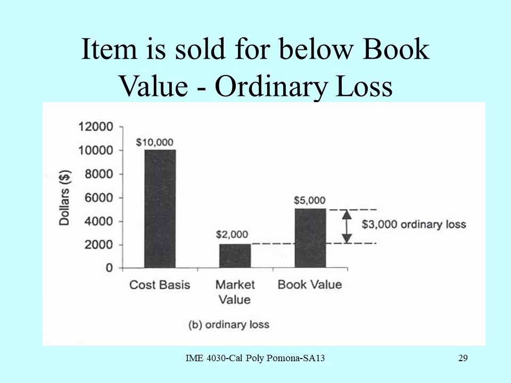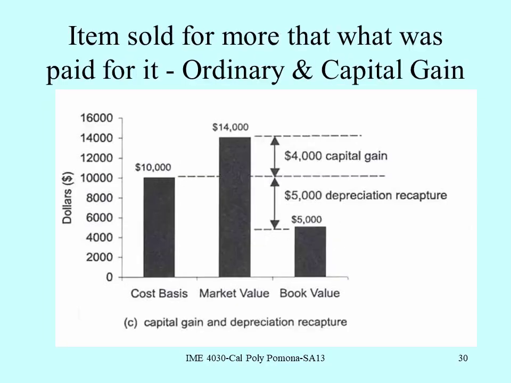Then finally, we have another situation on slide 30. And here we actually sold the item at a market value much higher than what we originally paid, and much, much higher than our book value, because we had been depreciating it. Well, how can this happen? Well, you purchased some property with a building on it. You depreciated the building, but when you went and sold it, it had gone up in value because of land prices going up and appreciating.